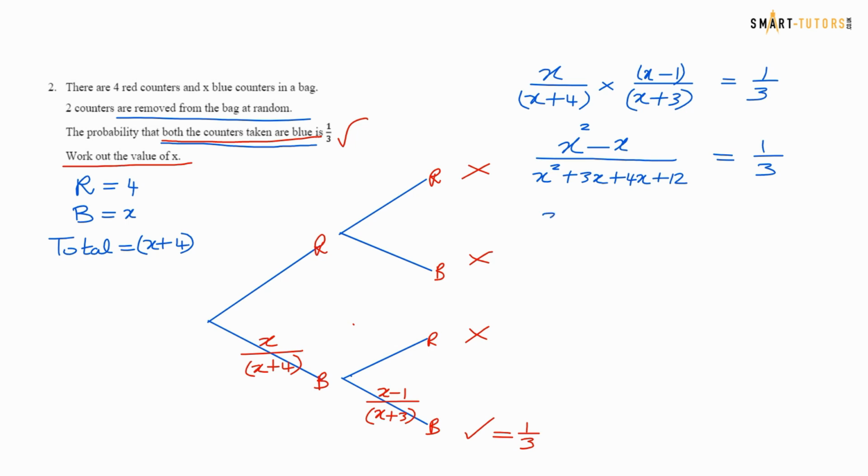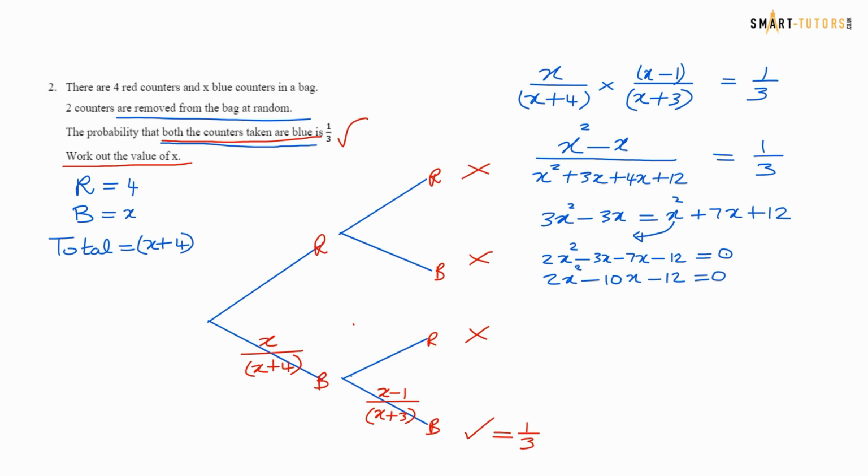So 3 times x squared, 3x squared minus 3x, equals 1 times this one, x squared plus 7x plus 12. And x squared is going to be taken away from here, so 3x squared minus x squared is 2x squared, and minus 3x minus 7x, with 12 coming to the other side as minus 12, equals 0. So 2x squared minus 10x minus 12 equals 0.